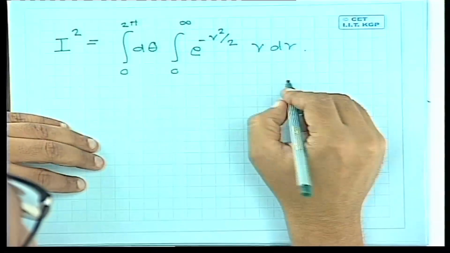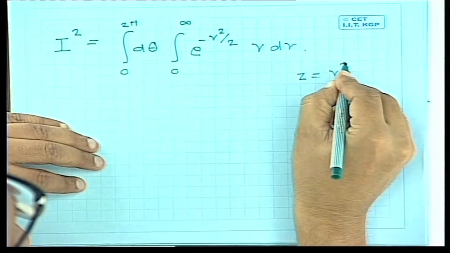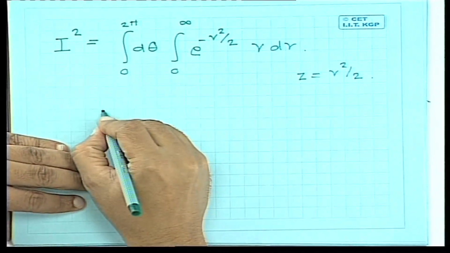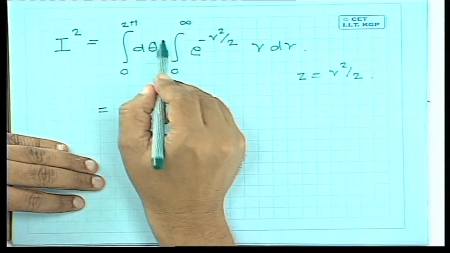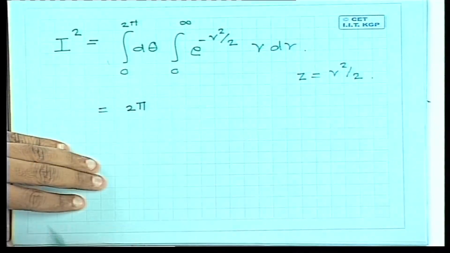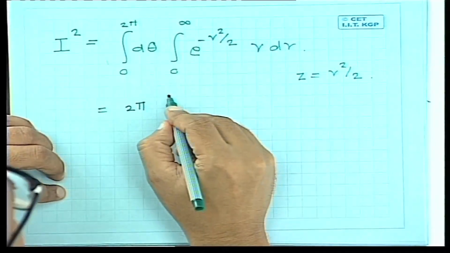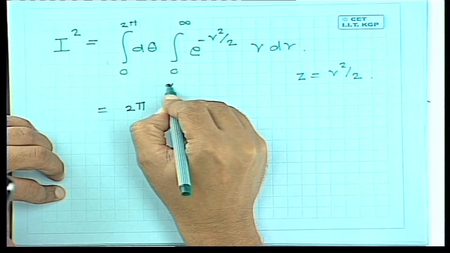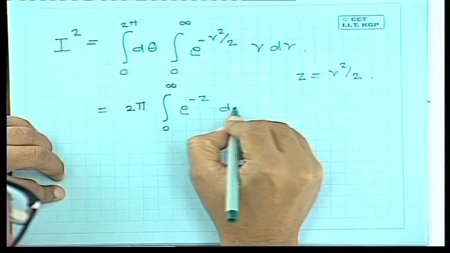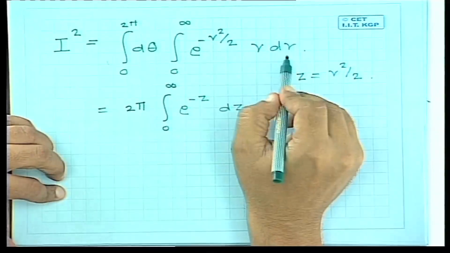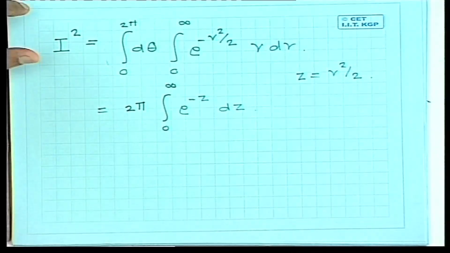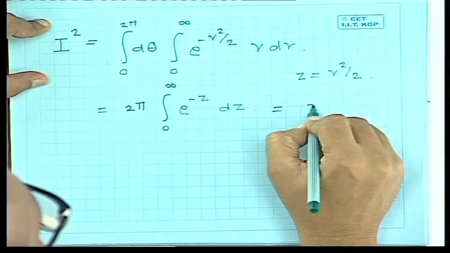or defining z to be r square by 2, then the outer integral over theta can be easily done, which is just 2 pi, and this is nothing but the integral from 0 to infinity of e to the power minus z dz, because this is d of r square by 2, and z is r square by 2, which gives 2 pi.